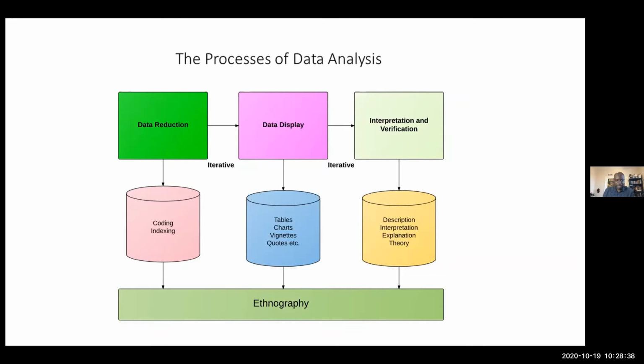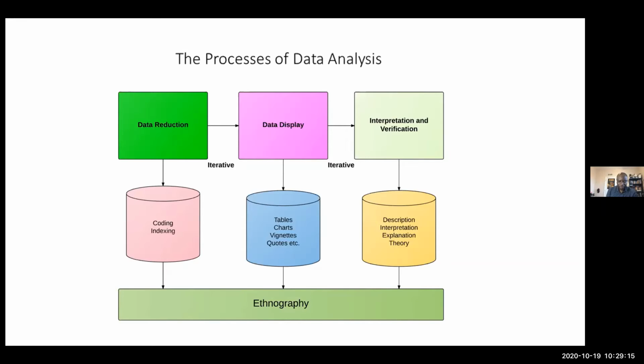And so the first phase here is data reduction. The principal method I would apply in reducing my multiple data sources would be coding. Coding would entail looking for themes, looking for patterns, and some of the variables that I'll be concerned about will be gender. I may be interested in ethnic affiliation or ethnic identity. Educational rank, of course, is another variable that we already talked about. And I'll be looking for patterns in their stories.